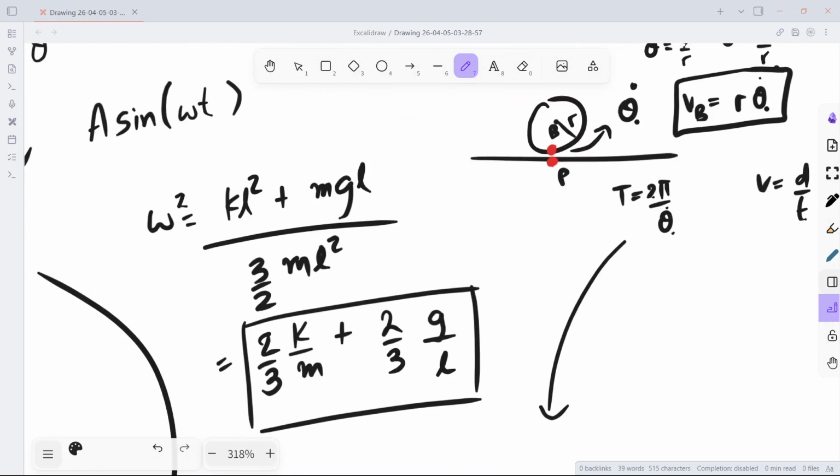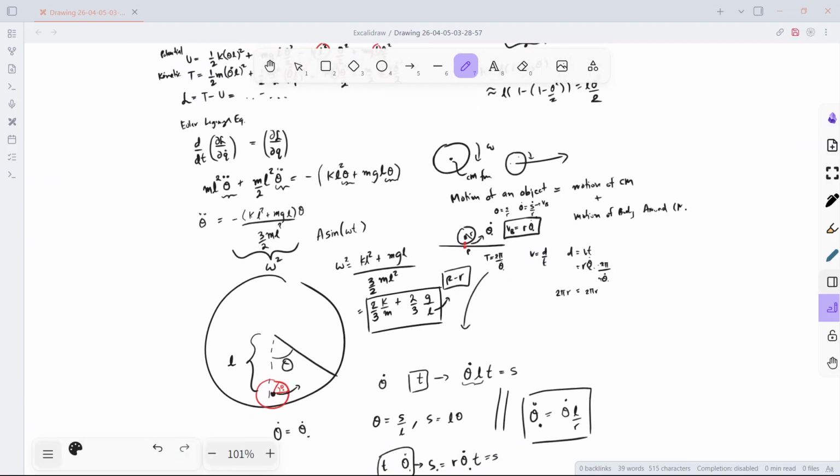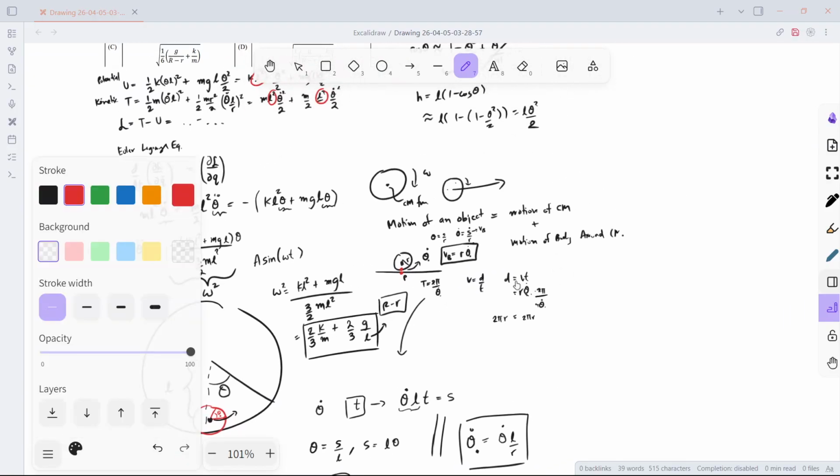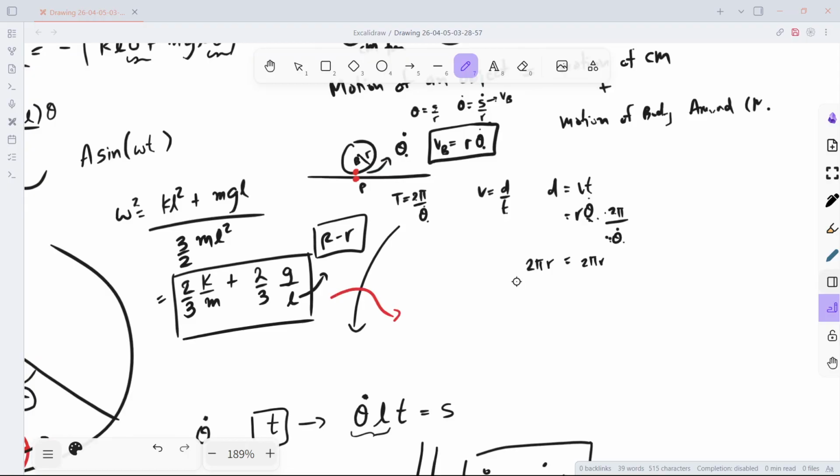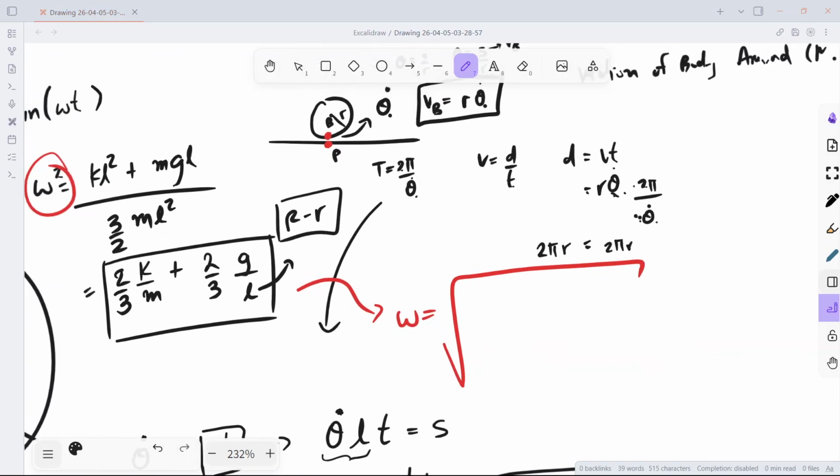And remember, L was R minus r. So my final answer: omega is the square root of 2/3 times (k over m plus g over R minus r).